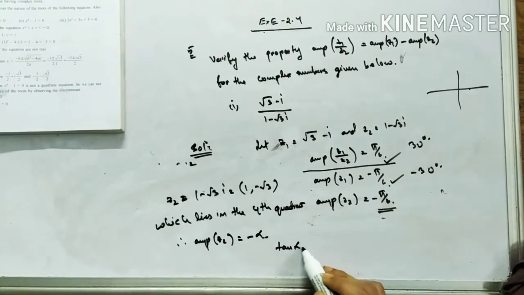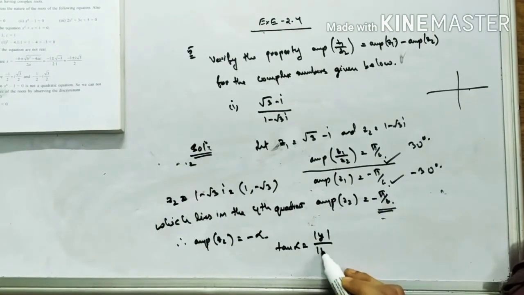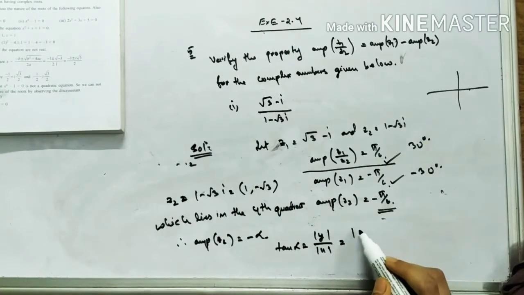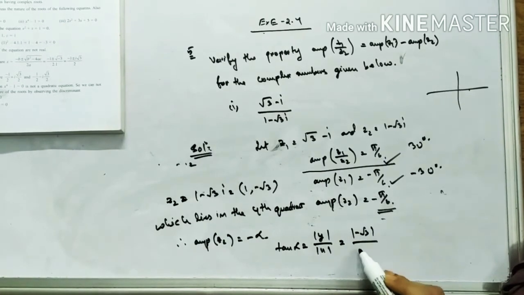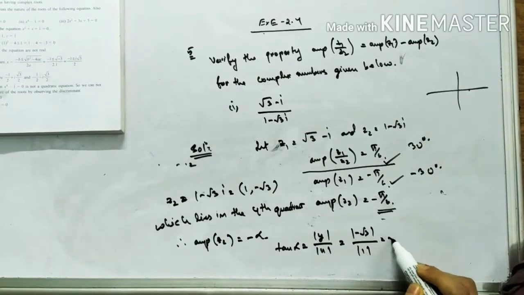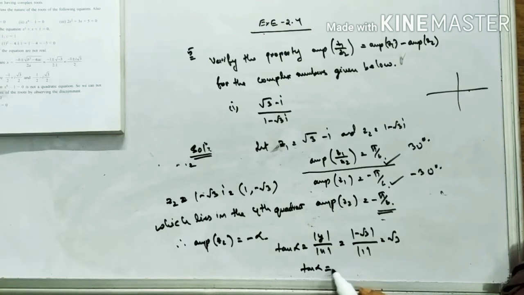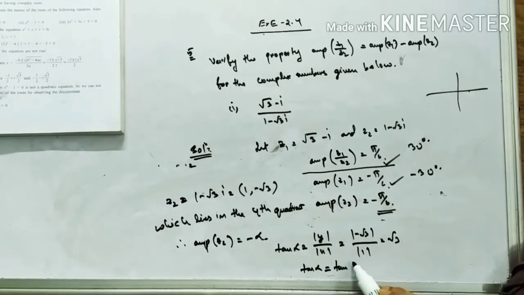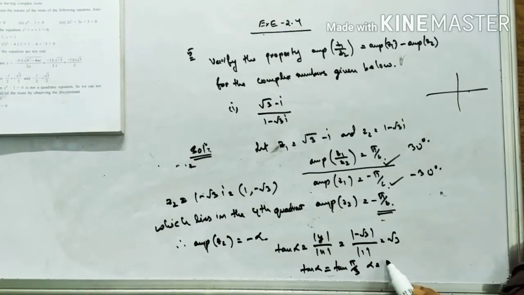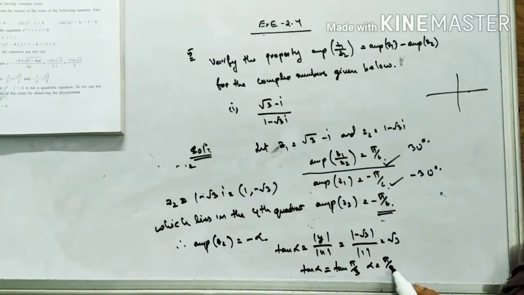Now tan alpha is equal to modulus y by modulus x, so modulus y is root 3 by 1, which is root 3. So tan theta is root 3 when theta is 60 degrees, which I can write as pi by 3. So alpha is equal to pi by 3.